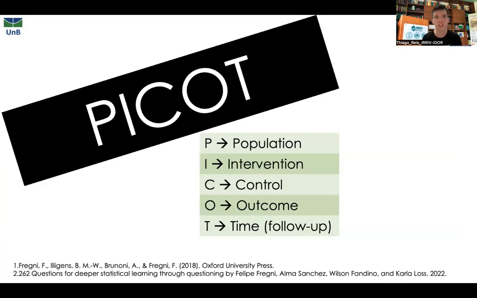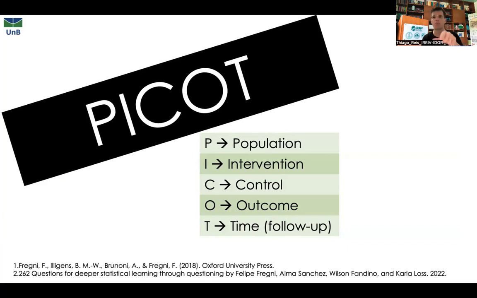And when it comes to interpreting trials, this acronym easily puts all the ideas in few words: it is the PICOT. In that acronym, P stands for population, I for intervention, C control, O outcome, and T time of follow-up.